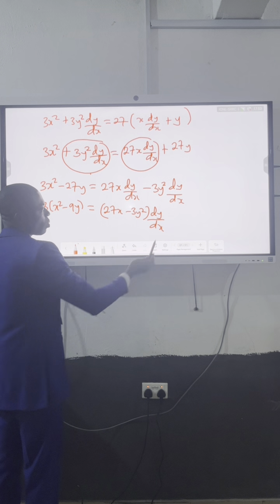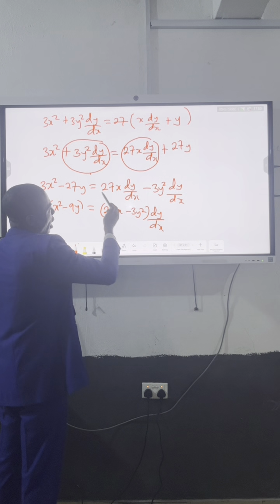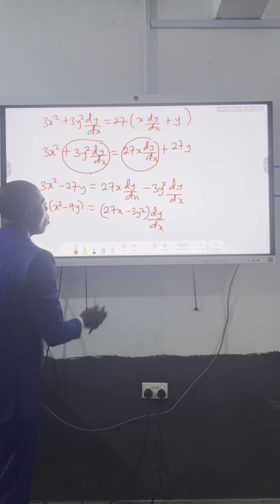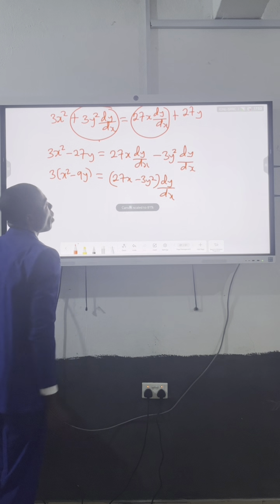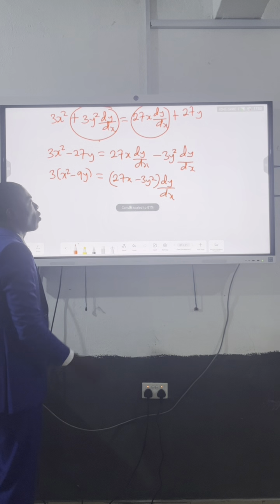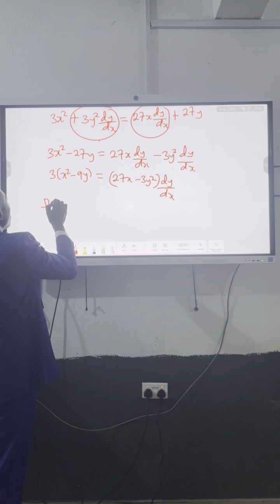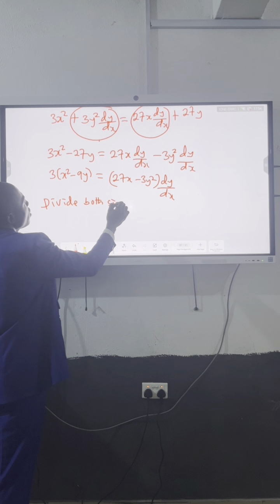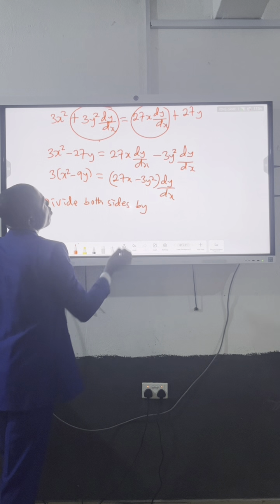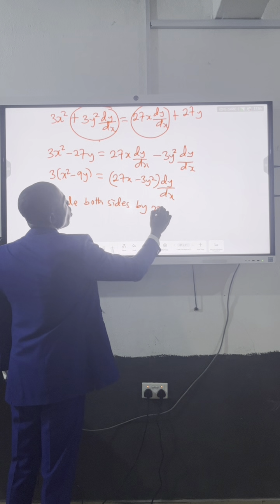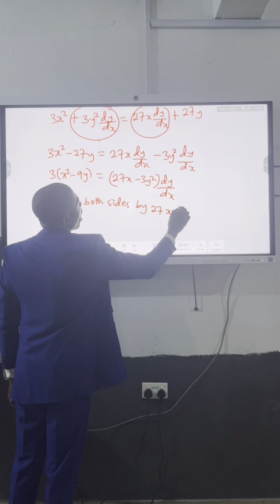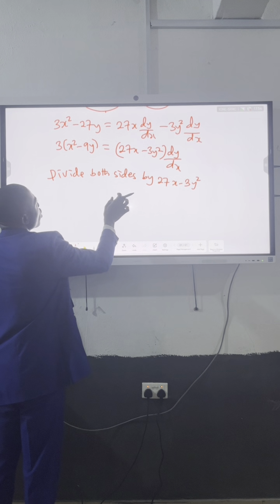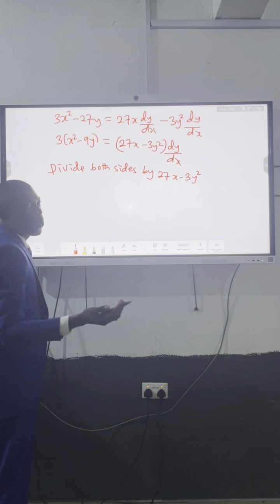Of course, if you use dy/dx to open up the bracket, it will carry you back to this place. Now, to make dy/dx the subject of the formula, we're going to divide both sides by 27x minus 3y squared. I hope you are following.